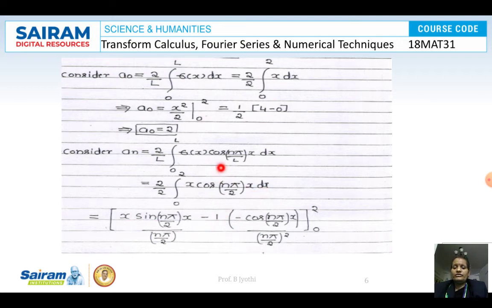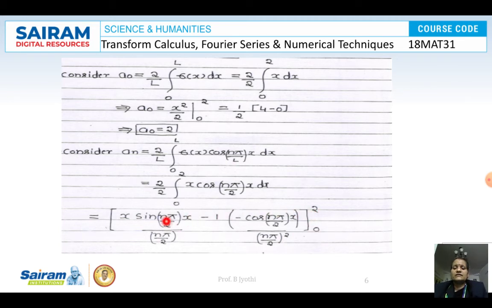Now, this has to be integrated by parts, that is the UV method. When we do it by the UV method, I told already u into v1 minus etc., that formula, Bernoulli's rule. So, x into integral of cos is sin n pi by 2 of x, minus derivative of x, which is 1, and integral of sin is minus cos n pi by 2 of x divided by n pi by 2 the whole square, and the limits are 0 to 2.